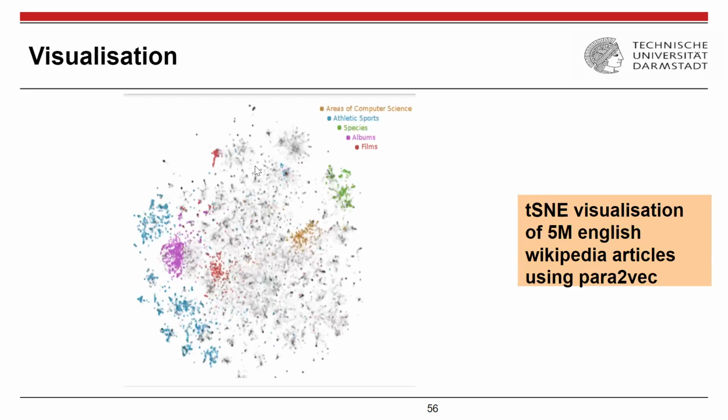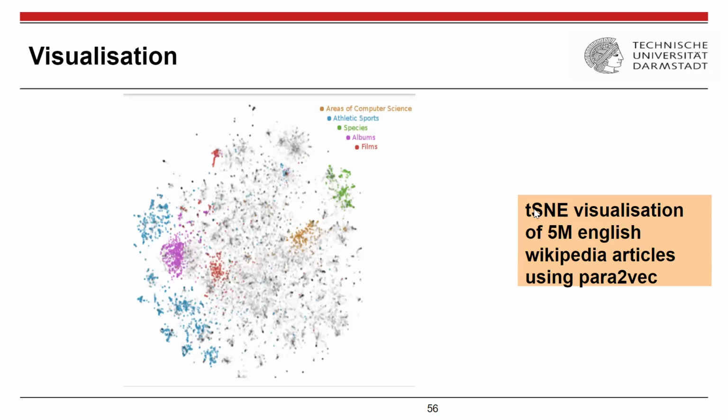Some people have done a very nice visualization using this technique. They took all the documents from English Wikipedia, obtained representations for those documents using Doc2Vec, and then visualized this representation using an approach called t-SNE, which takes the representation and converts it into a 2D map.